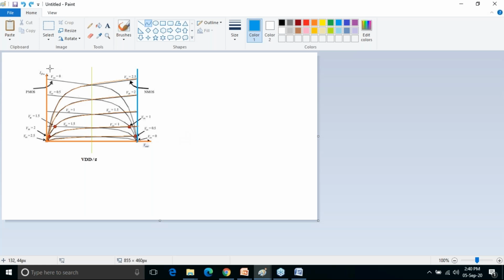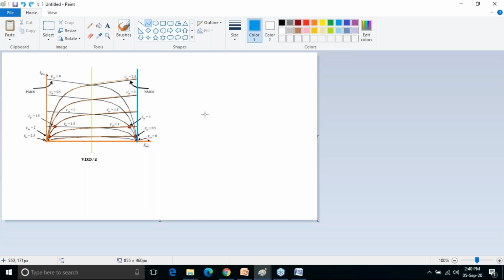So hope the graph is clear. This orange part, whatever you are able to see, is related to N MOSFET. This is the saturation region for the N MOSFET, where VGSN is equal to 2.5. Here VGSN equal to 2.